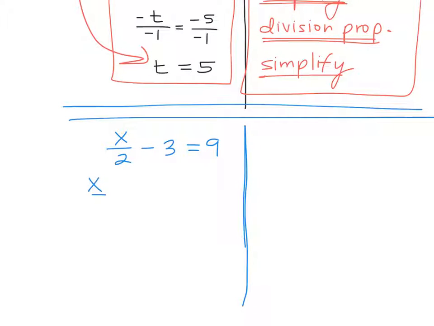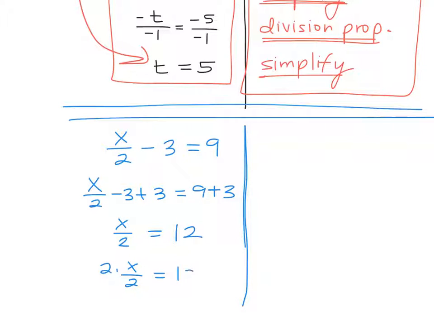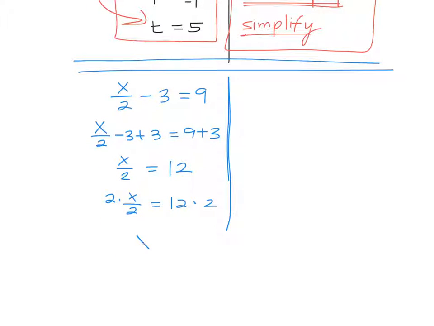So your next one would be x over 2 minus 3 plus 3 equals 9 plus 3. And then it would be x over 2 equals 12. And then it would be 2 times x over 2 equals 12 times 2. And then it would be x equals 24.